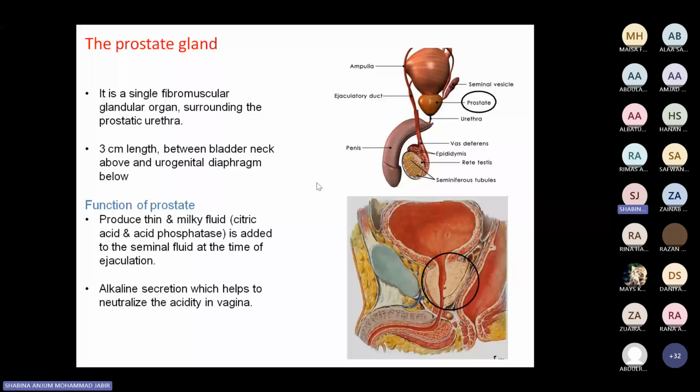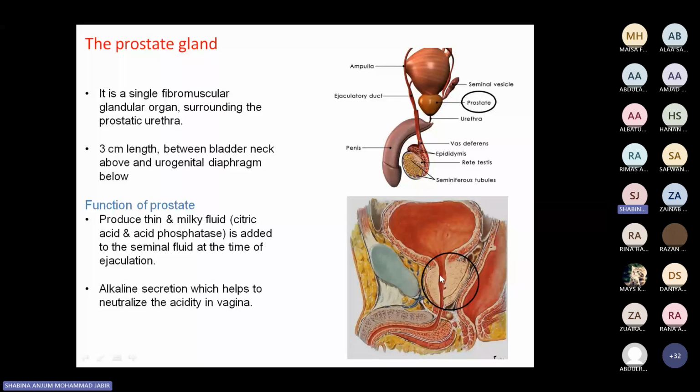It is a single fibromuscular gland around the prostatic urethra. As we know, the length of the prostatic urethra is 3 to 4 centimeter, so the length of this is also 3 centimeter.